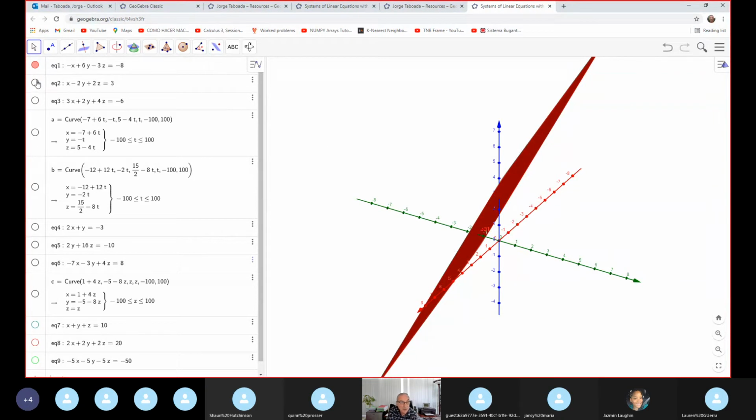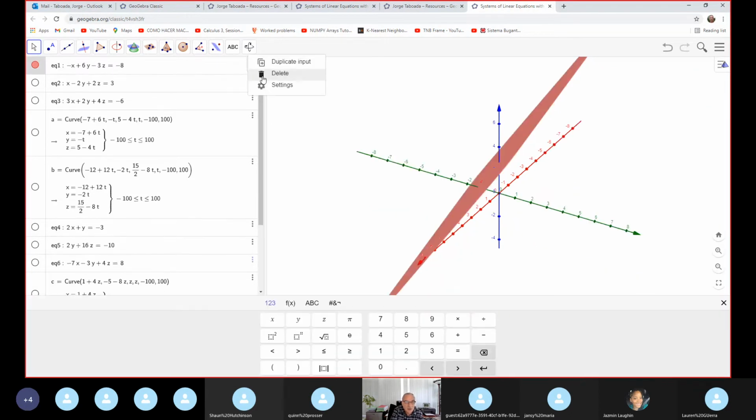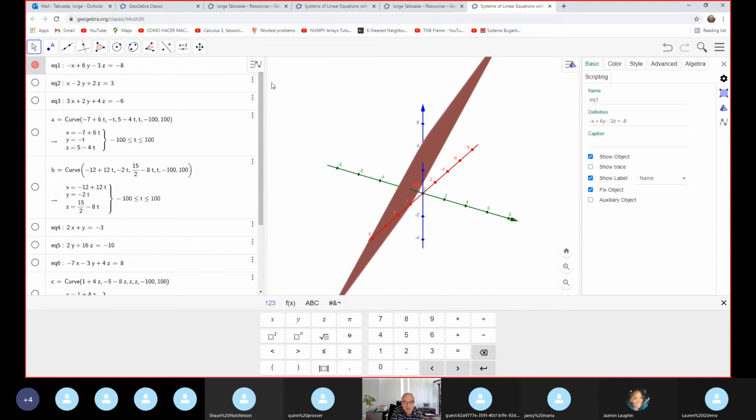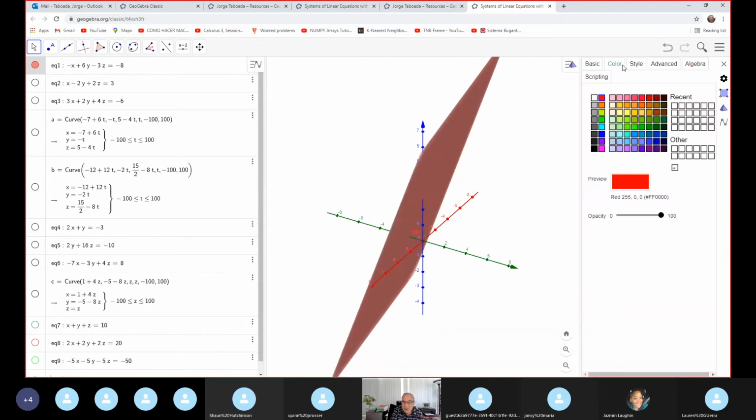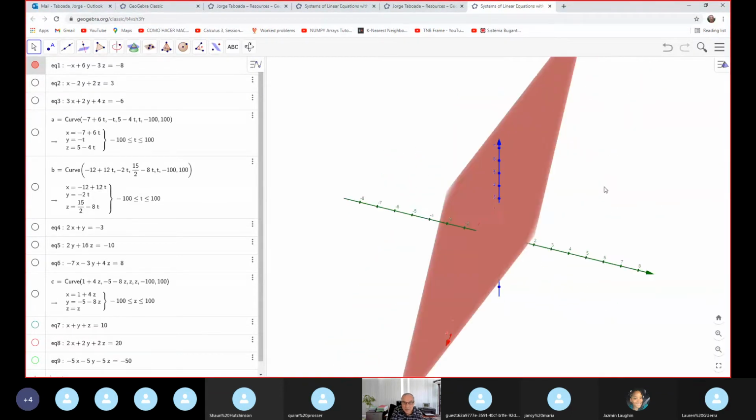The second equation, you can change the color if you want. You click here, look, this is fantastic, guys. You click here and you go to settings. In settings, you make a decision, the color and the transparency in this handle. You practice by yourself.